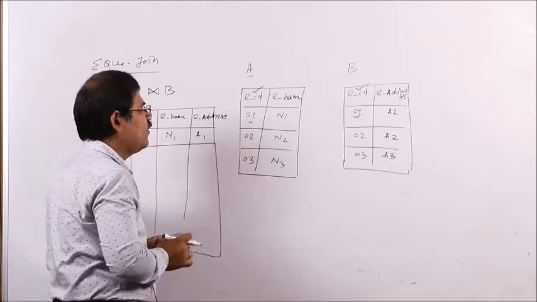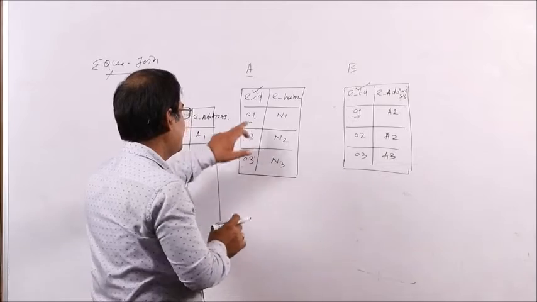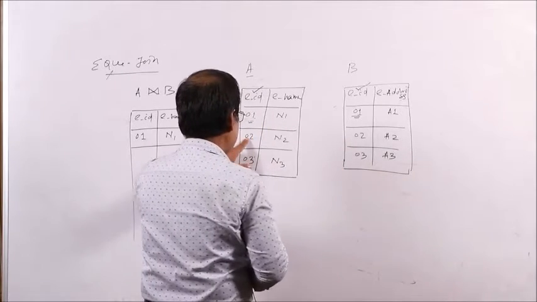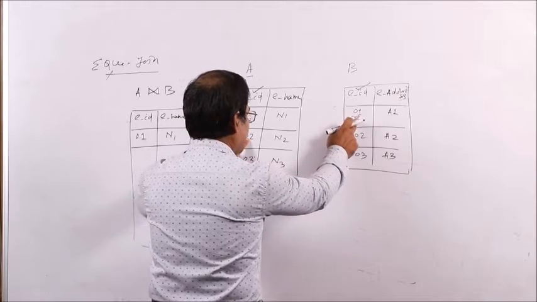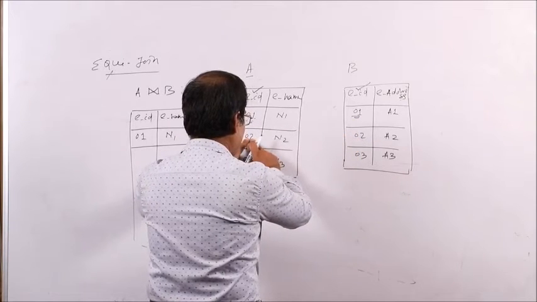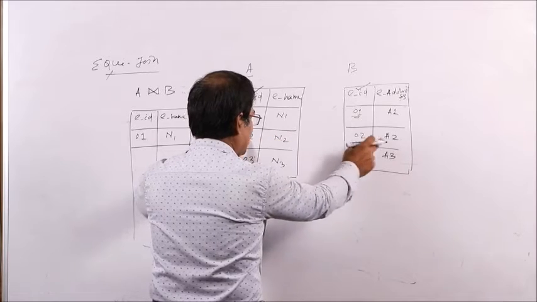So, after joining, this will be the table. Then 01 is matching to 03, no. Similarly, 02 is matched with 01, no matching, 02 is matching, this equal to this. The corresponding name is N2, address is A2.